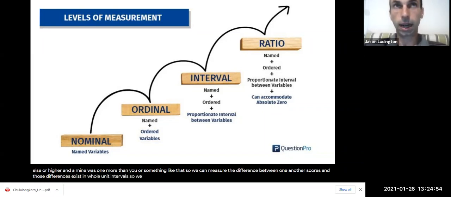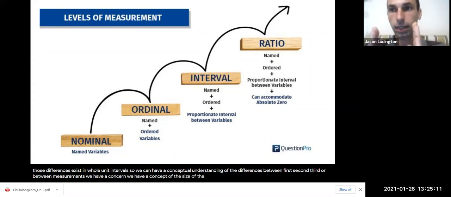So we can have a conceptual understanding of the differences between measurements. We have a concept of the size of the difference between different measurements.